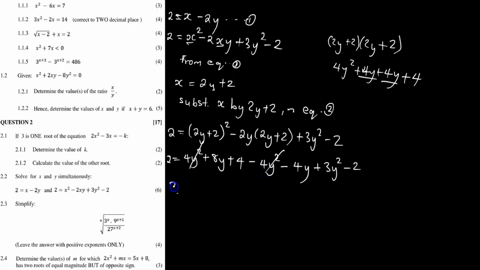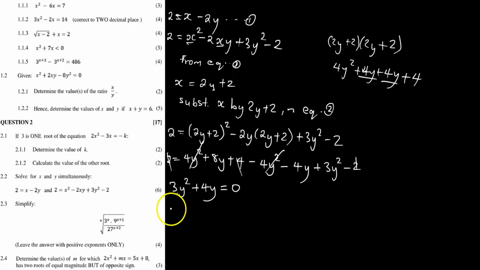Then you'll be having 3y squared, and then 8y minus 4y is plus 4y, and then 4 minus 2 gives us 2. Then this 2 goes to the other side, it gives us 0. So all this is equal to 0.